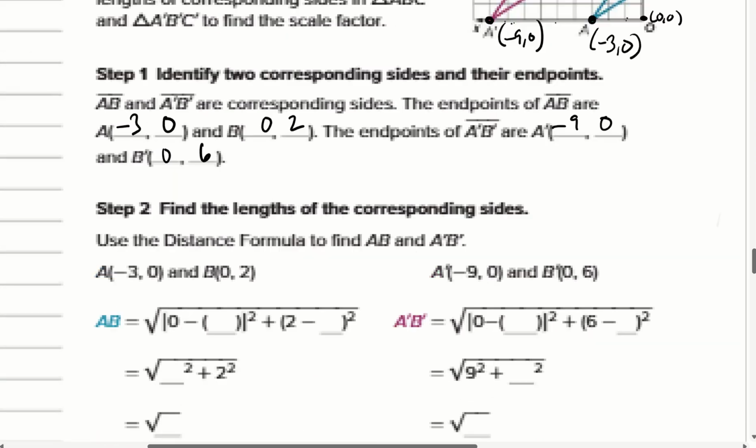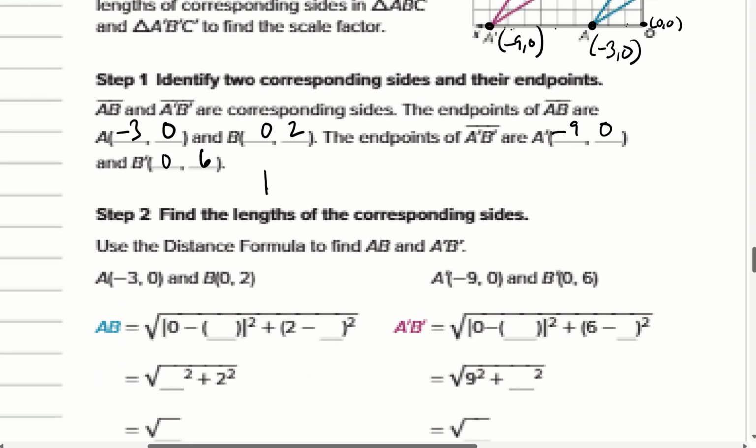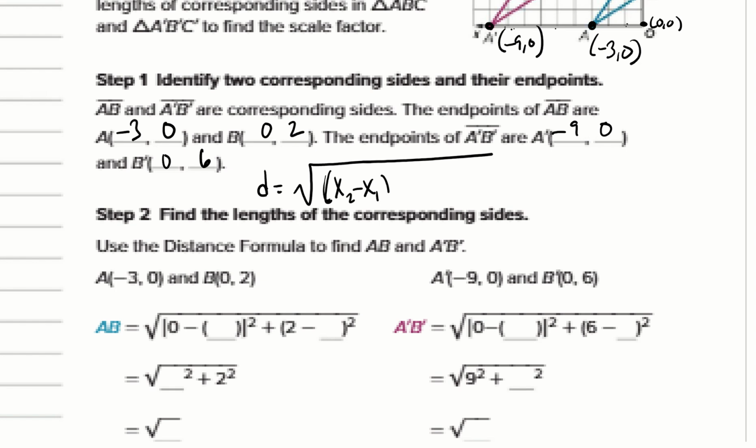Okay, so remember, use the distance formula. Distance formula is D equals square root of x2 minus x1 squared plus y2 minus y1 squared.